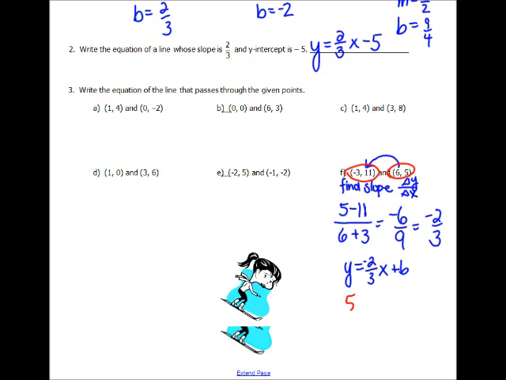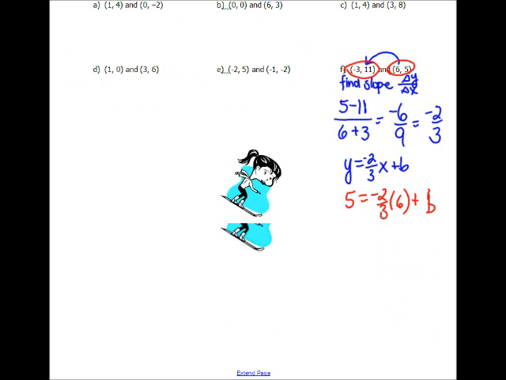So I'm going to take 5 equals negative 2/3 times 6 plus b. Okay? I know the 6 looks like a b. Bad letter to use. All right, and then I just solve that, and I should get b equals 9. So then I can write the equation of my line, y equals negative 2/3 x plus 9. And you can go ahead and solve the rest of them. I will come back with the answers for you, and that way you can check.